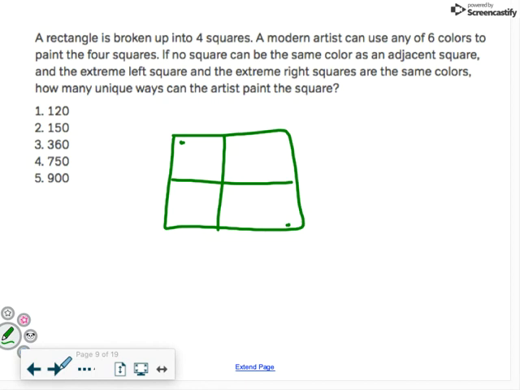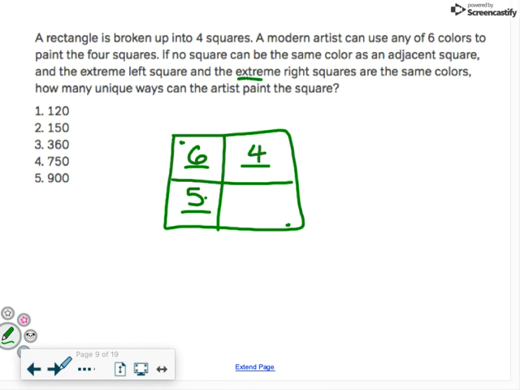Let's just start with our first square. How many different colors can I paint it? We have 6 colors to choose from. Then we come down here, and it cannot be the same color as the one next to it, so we only have 5 colors to choose from. Same thing here: this cannot be the same, and we also can't use the color we used here, so there are only 4 options there.